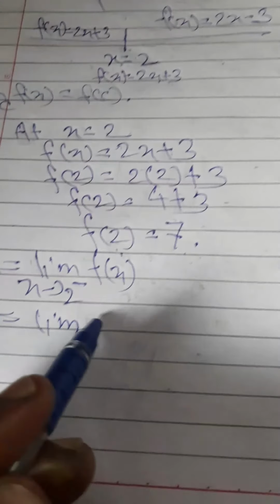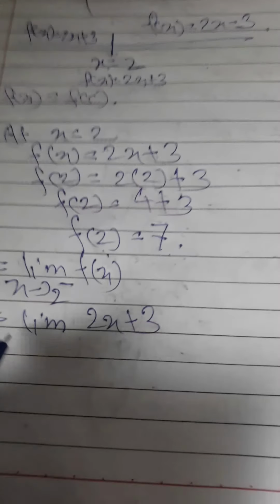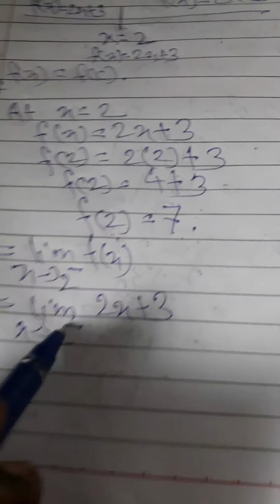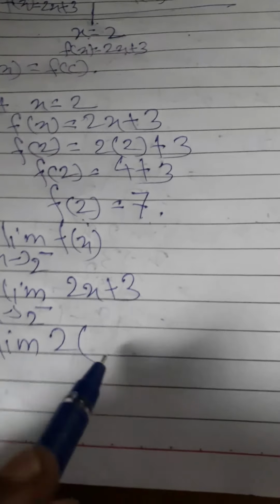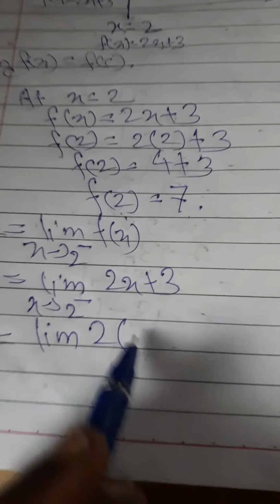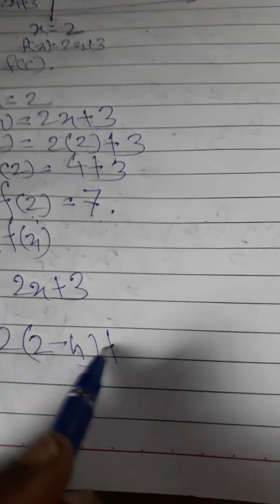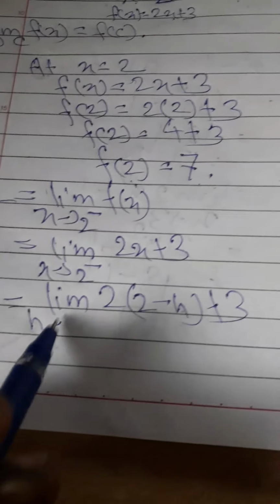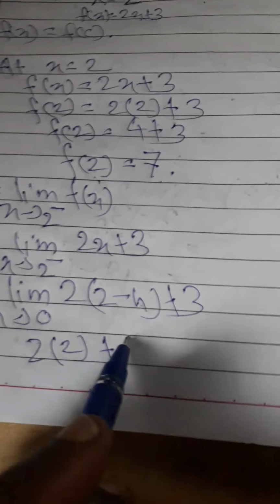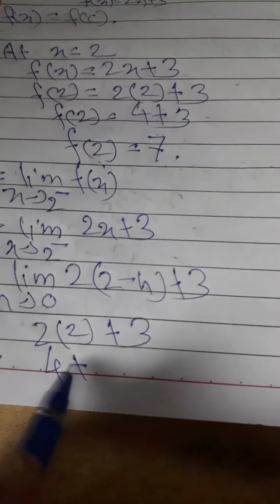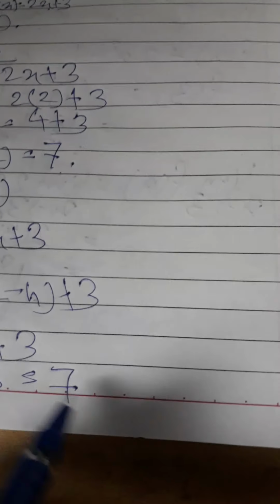It is defined by 2x plus 3 as x tends to 2 minus. So change the limit: the limit of 2 into 2 minus h plus 3 as h tends to 0. So it is 2 into 2 plus 3, that is 4 plus 3, that is equal to 7. So here the value of LHL is 7.